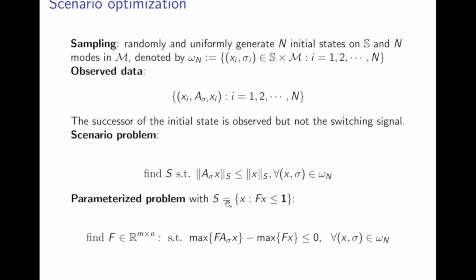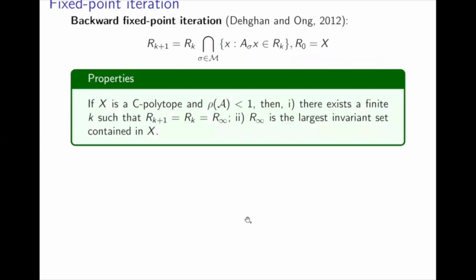Then if we parameterize the set with the matrix F, the problem will become a parameterized problem as this. But here, because we don't know the size of the matrix F, this constraint is a difference of two convex functions. So it's not easy to solve this problem. So instead, we use the fixed point iteration.